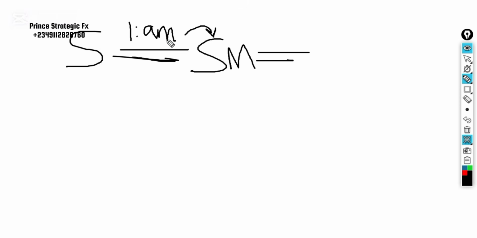Now, at exactly 1 a.m., breaking Sunday morning, this is Saturday. When you sleep, you set your time at exactly 1 a.m. breaking Sunday morning. So Sunday morning at 1 a.m. exactly, you are going to see a new weekly candle forming.